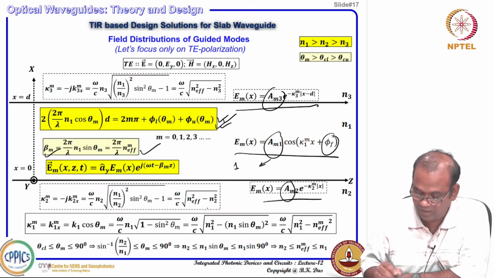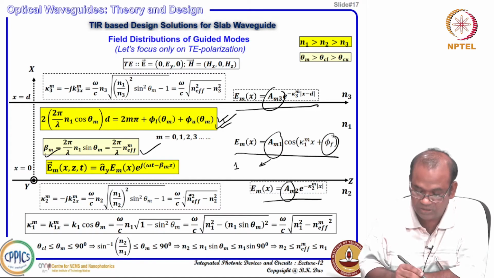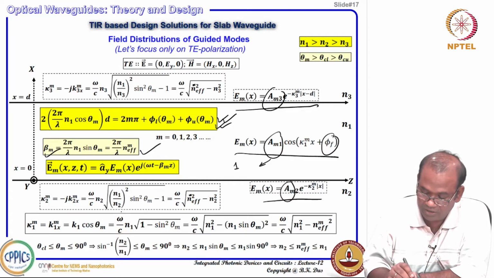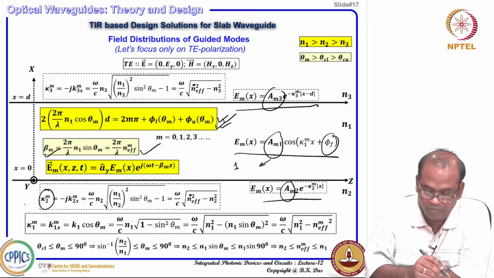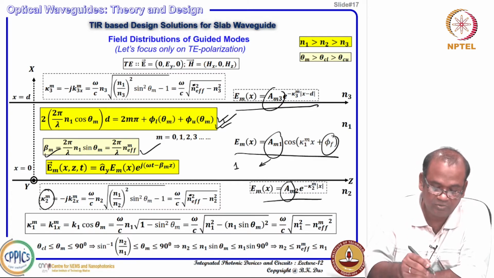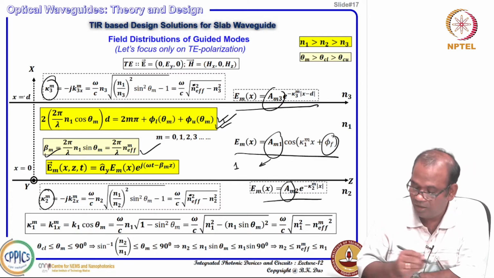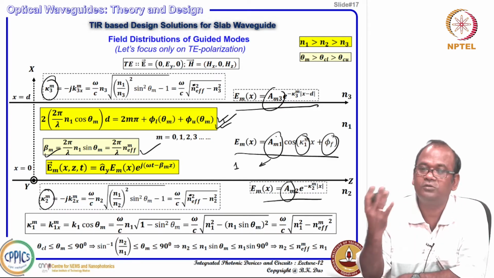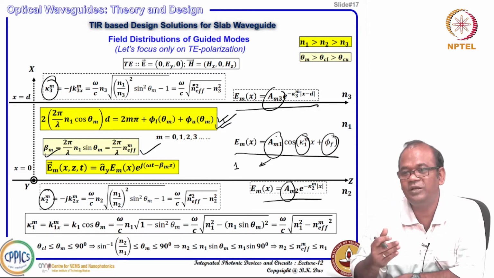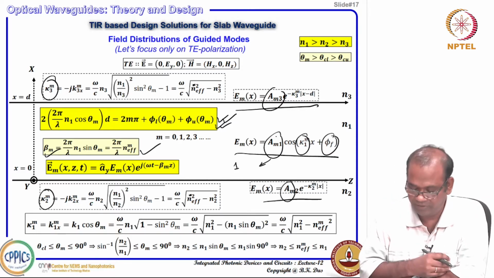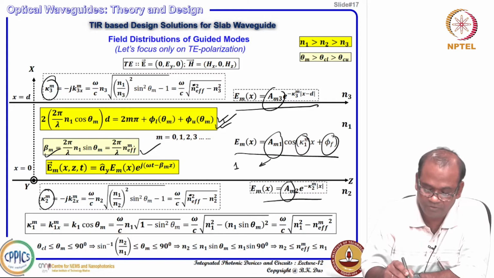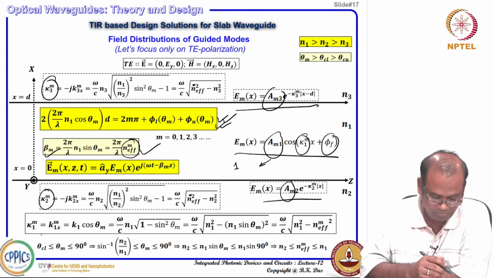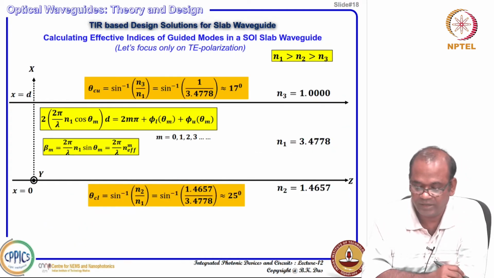Once you know n effective m, you can find what kappa 2 m is for the mth mode, what kappa 3 m is for the mth mode, and what kappa 1 m is for the mth mode. Then you can just plot and find out what the field distribution in the slab waveguide looks like. So, the only thing you need to know is n effective m, then you can find the nature easily, straightforwardly. So, I move on to how to get that.